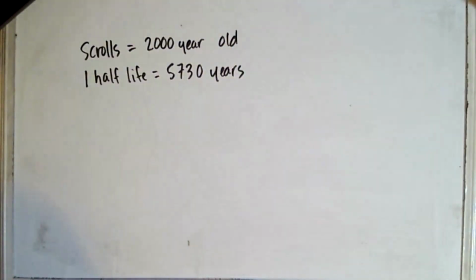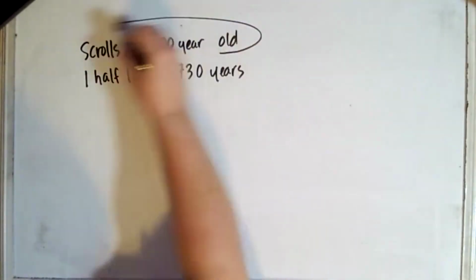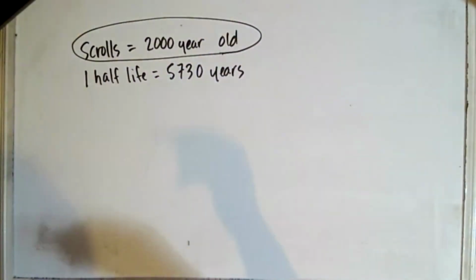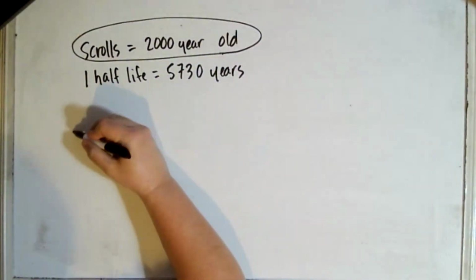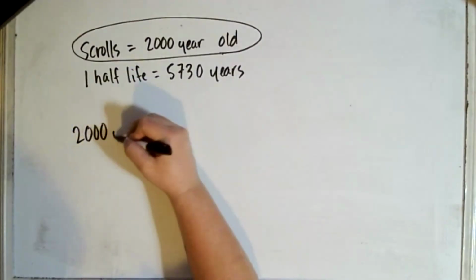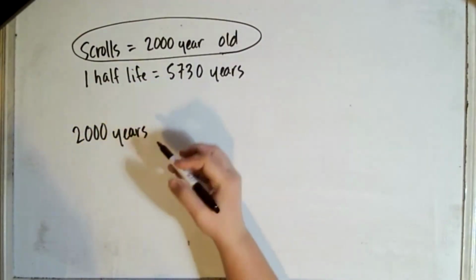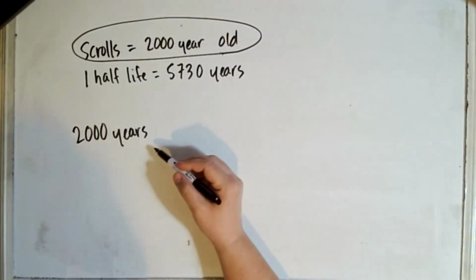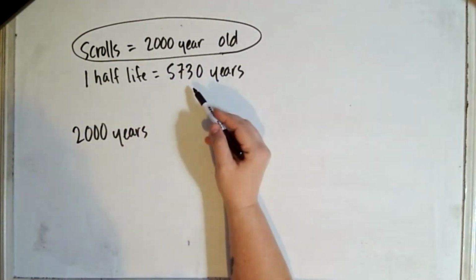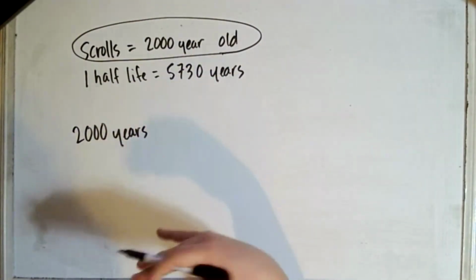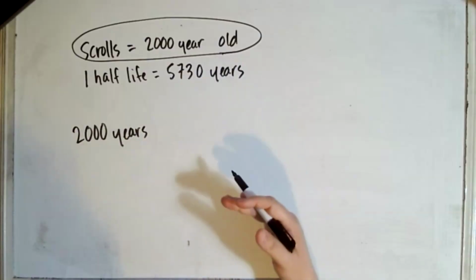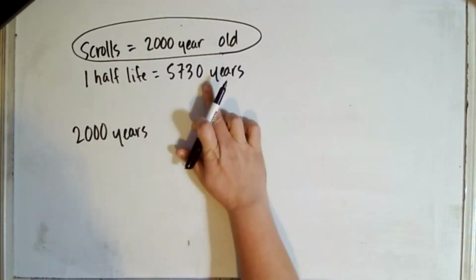Okay. So this question's asking us for something a little bit different, but we're still going to use the same reasoning here. They're giving us a time to focus on. They're telling us the scrolls are 2,000 years old. So if the scrolls are 2,000 years old, I can use my half-life equality to figure out how much of the half-life has gone by. Obviously, 2,000 is less than 5,730.